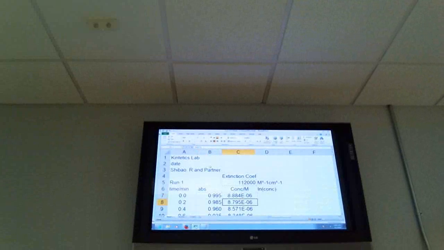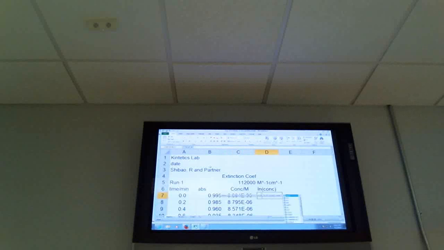To do the natural log of the concentration, I just say equals ln, and then just hit the cell. Equals ln parentheses C7, and then just close the parentheses.